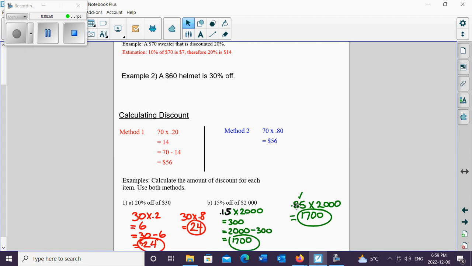And you can see the two are similar here. In question 2, this is the 15% off. It's $300 off. You take it away from $2,000, and you get $1,700. But in this case, you don't pay 15, so you are paying 85%. Turn that to a decimal, and you get the same answer in a lot shorter time.